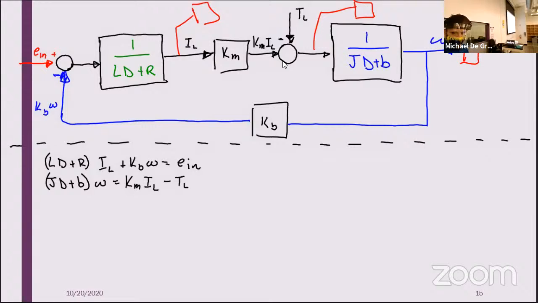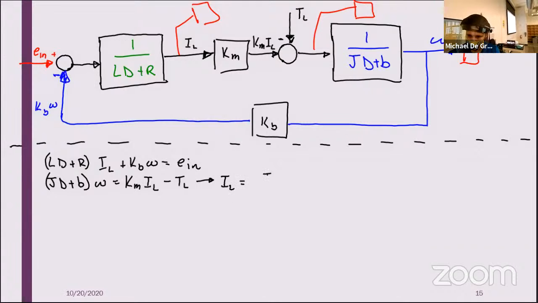I either have to solve everything for omega or everything for I sub L, since those are the two variables that couple my system. But I told you that I want a relationship between E sub N and omega, so I should probably solve the bottom equation for I sub L, or I mean, it doesn't matter. You can solve either one for I sub L and plug it into the other, right?